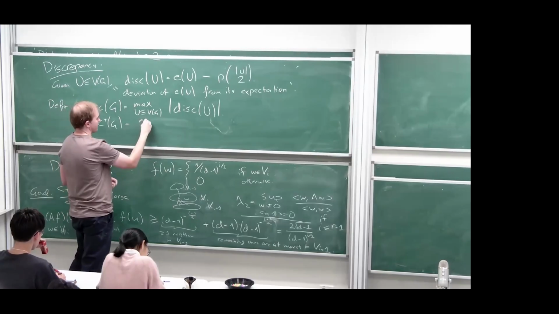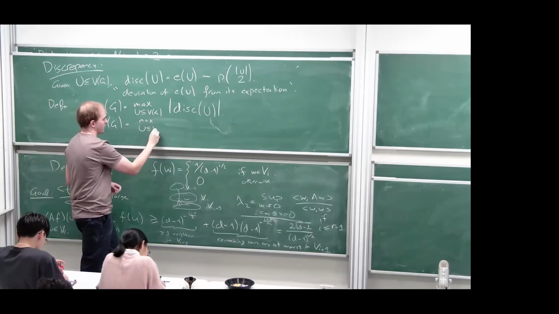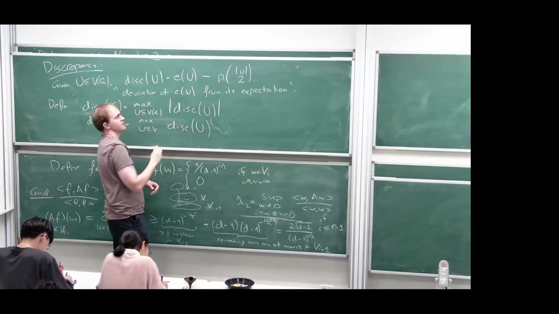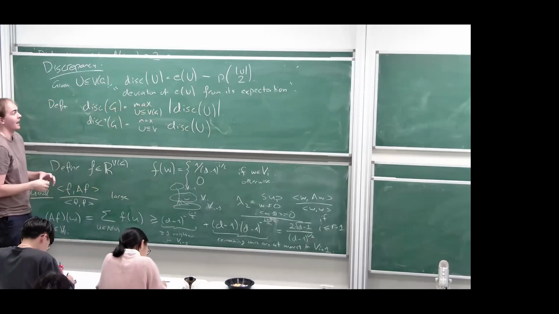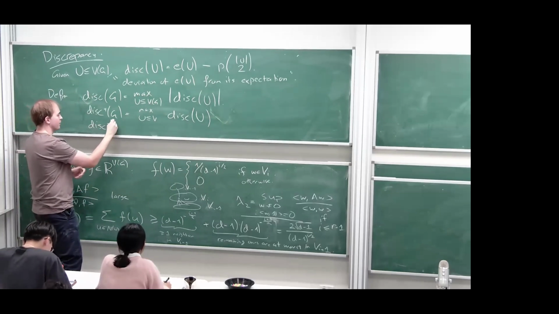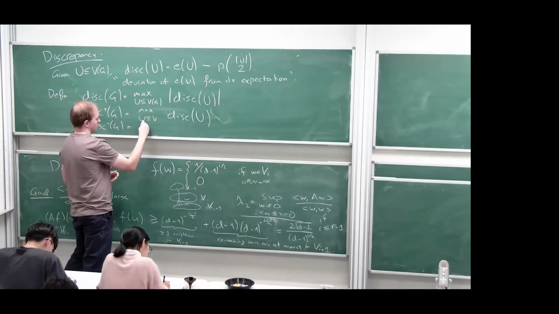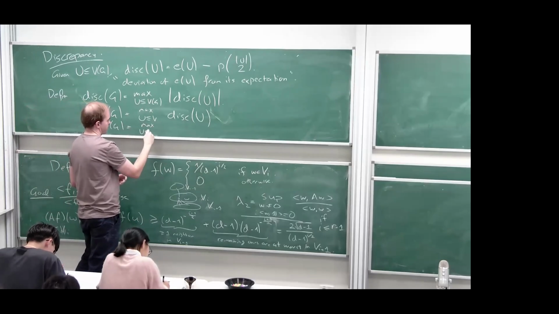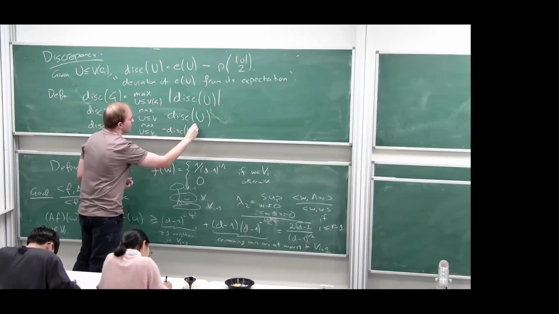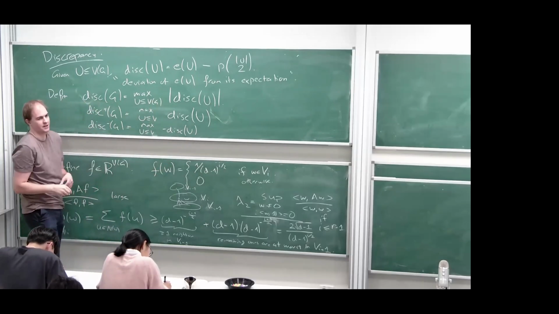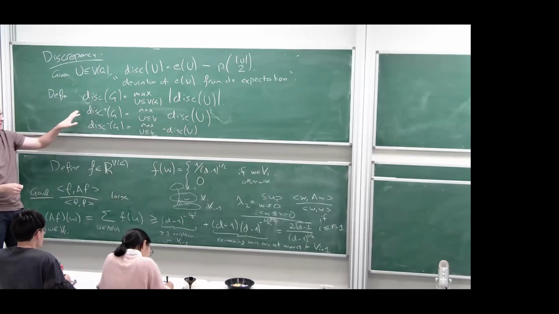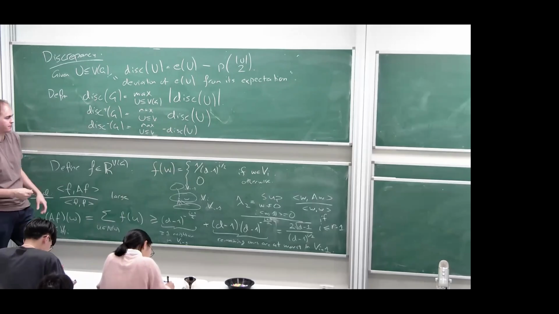The positive discrepancy is how much this deviation can exceed the expectation, and the negative discrepancy is how far below the expectation it can be. So obviously the discrepancy is just the maximum of the positive and negative discrepancy.